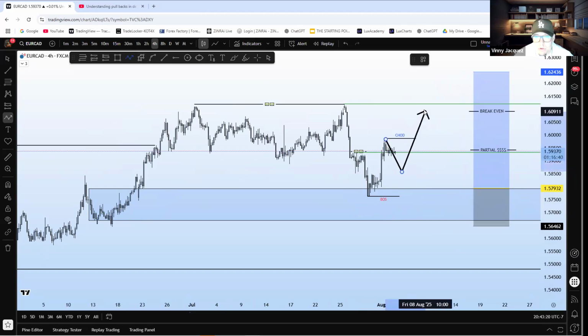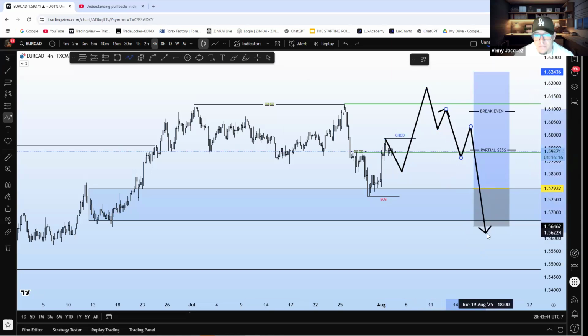Let's say it hits your break even, and let's say it bounces off resistance again, but you fail to break even and the market just goes lower. That can happen. Or what if the market sweeps liquidity and then decides to go lower?